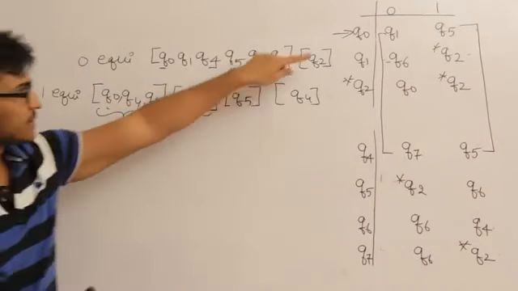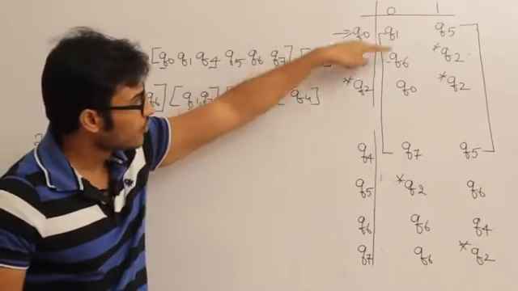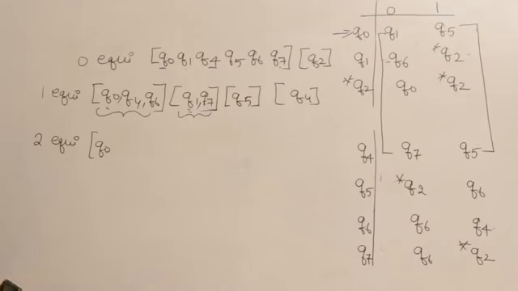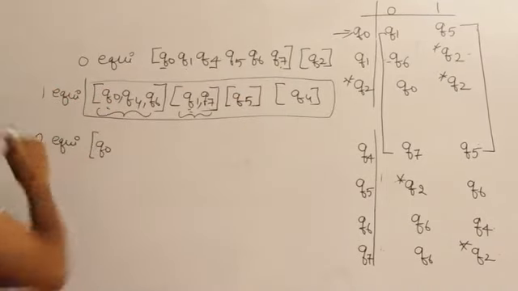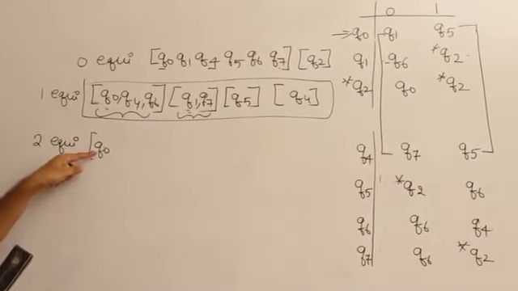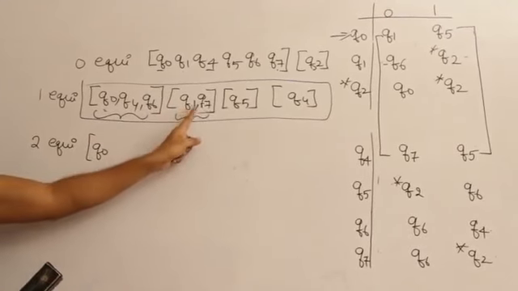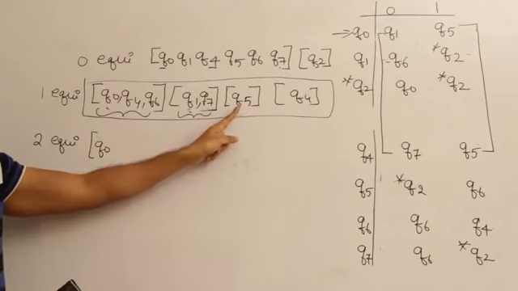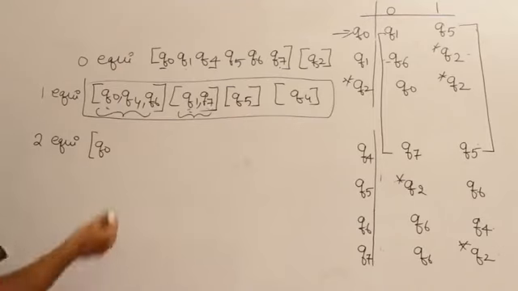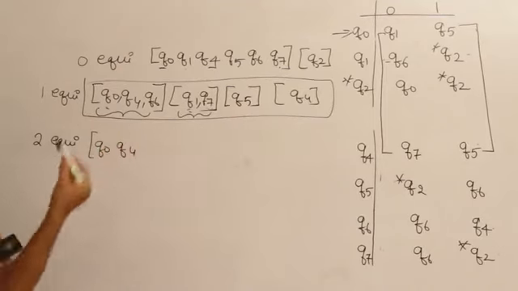So when you are talking about two equivalent, you have to look at only one equivalent, not the previous one. Okay, now if you see Q0 and Q4, they are going to Q1 and Q7, no problem, they are in the same group, and Q5 and Q5, which is in the same group. Therefore Q0 and Q4 are equivalent.